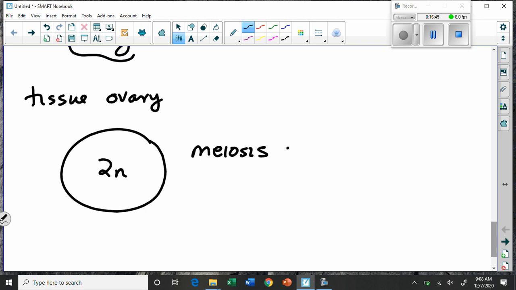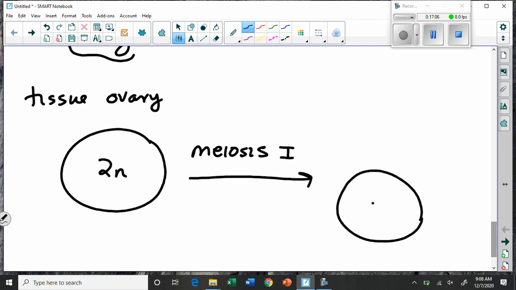So meiosis I begins, and it basically stops and waits, and then once a month, it finishes the meiosis I part. So in the meiosis I part, what you end up with is an egg cell with N chromosomes, because it's meiosis. But the other one tends to be this tiny little thing.